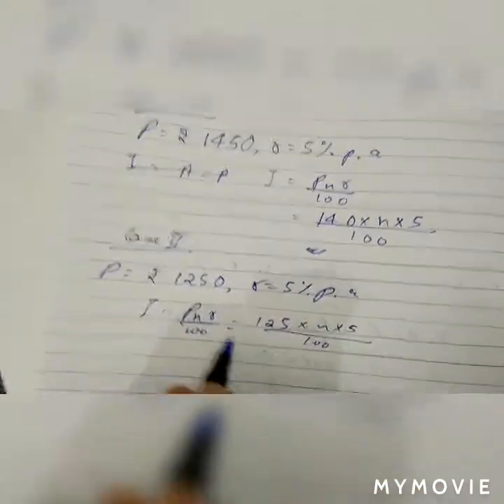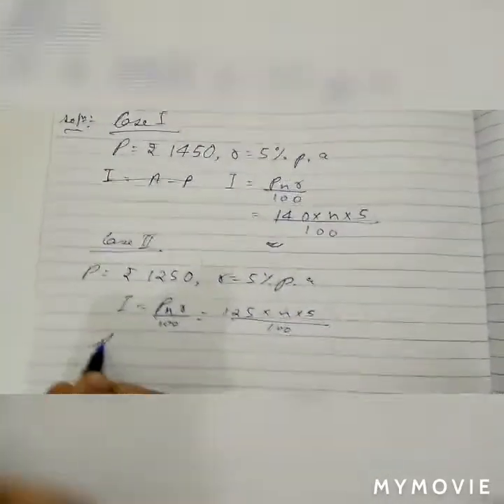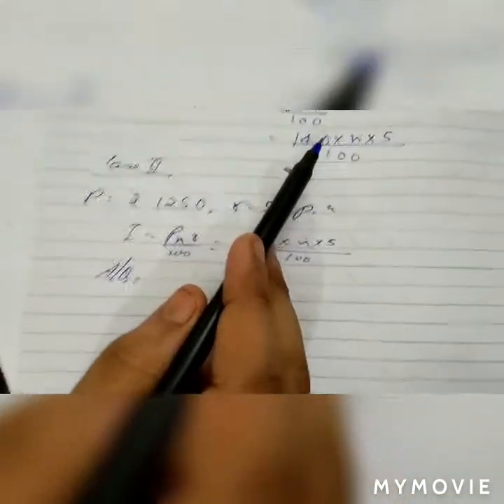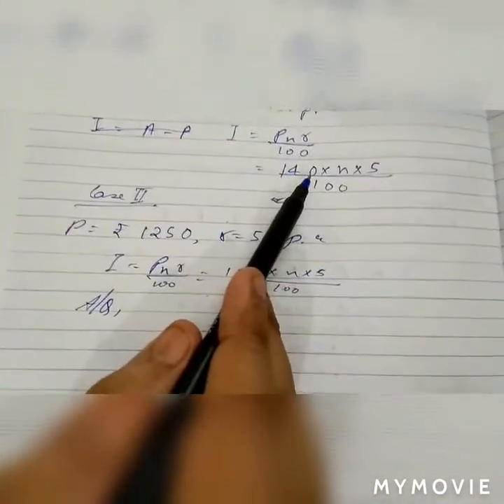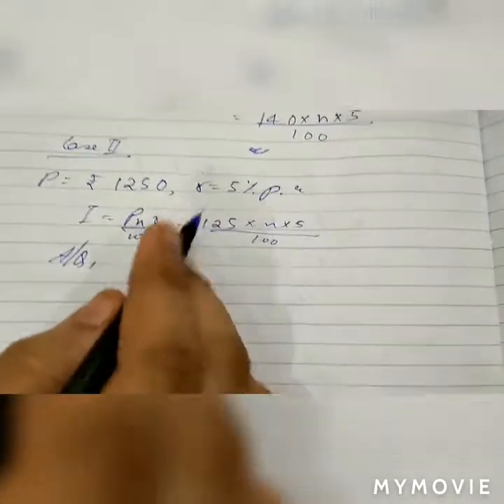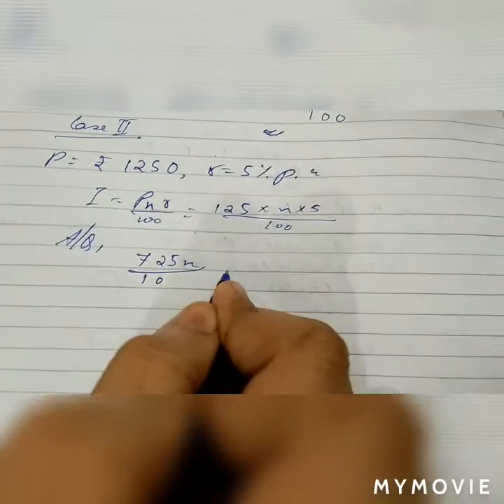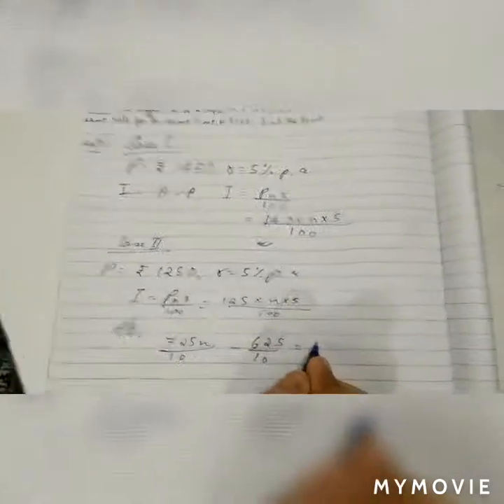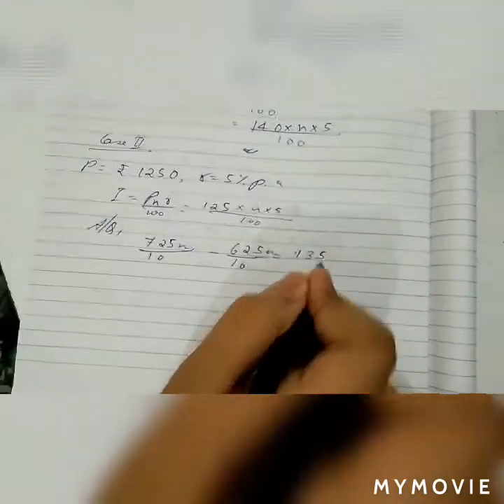According to the question, it is given that the difference is rupees 135. You first of all have to physically find which is greater and which one is smaller. I am not going to find these things for you. First of all, place the greater one and then the smaller one, equals 135.